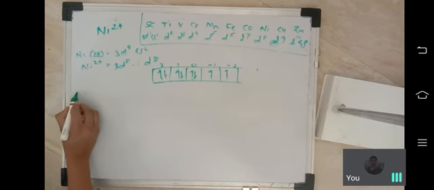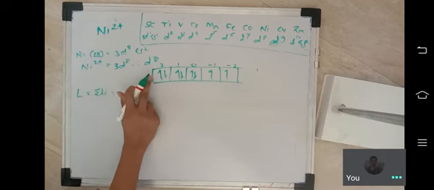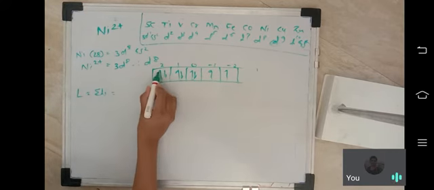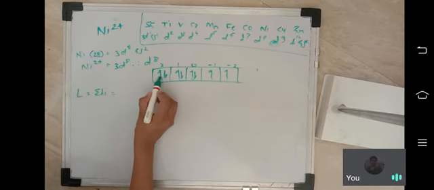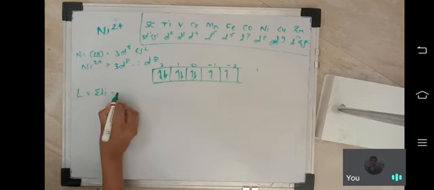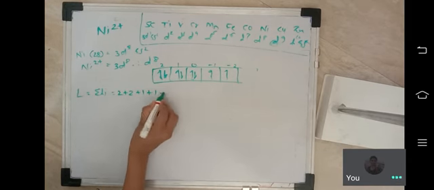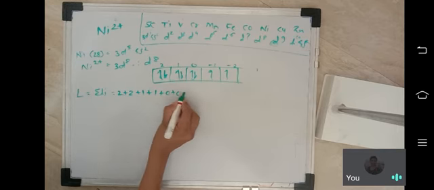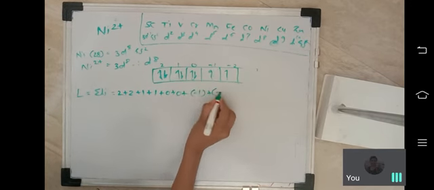Okay, then L is equal to the summation of li. Okay, 2 plus 2. You have to consider this is one electron, this is the other electron. 2 for this electron, 2 for this electron. That means 2 plus 2 plus 1 plus 1, plus 0 plus 0, plus here minus 1 and minus 2 is there. Minus 1 plus minus 2.